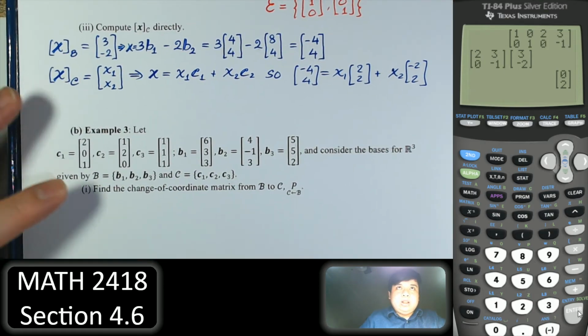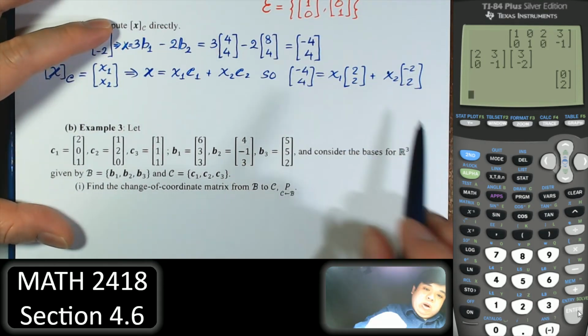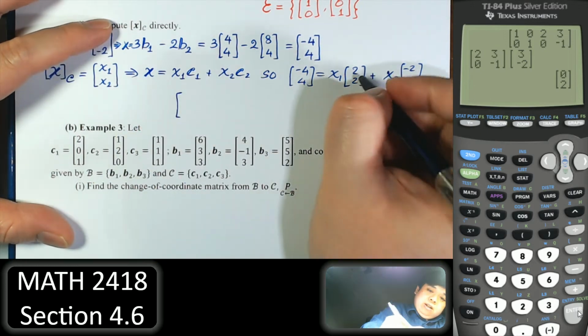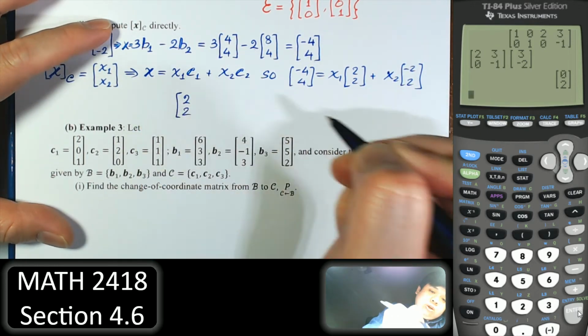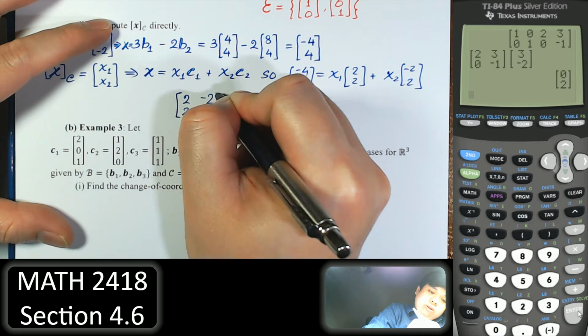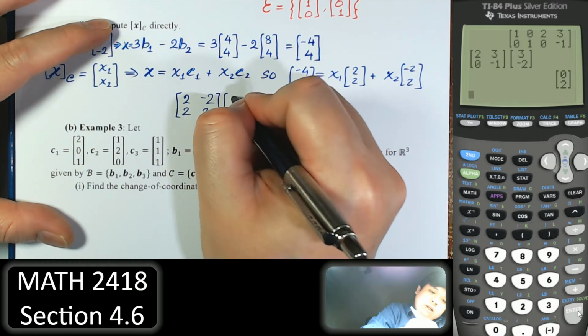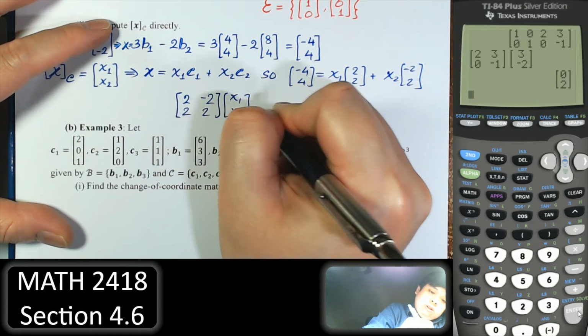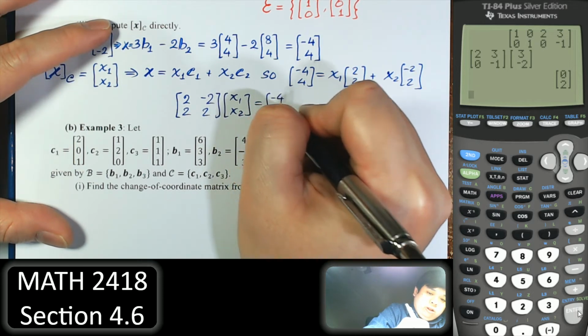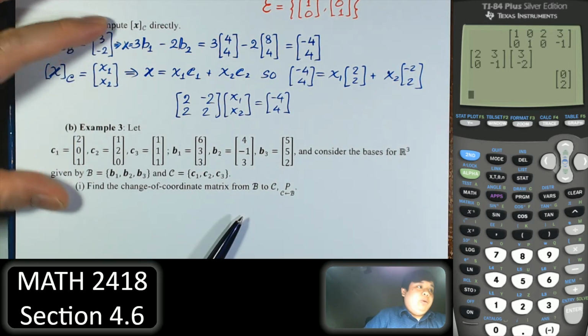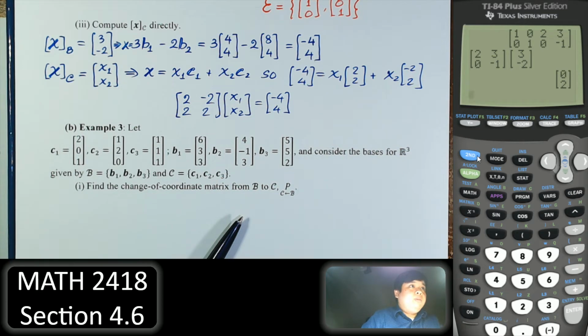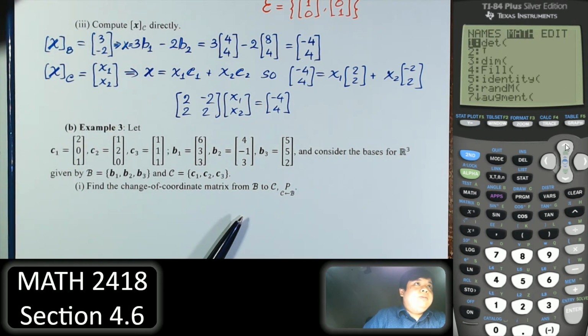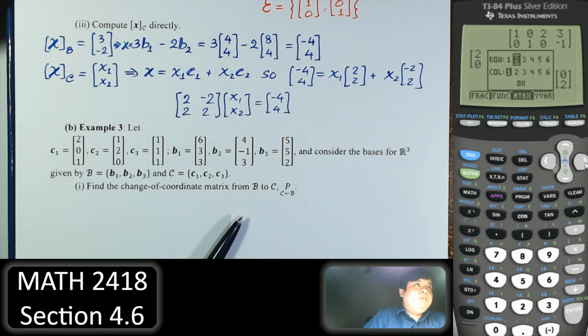Right, so this is simple enough. We have the system of equations here. Put in matrix form: 2, 2, negative 2 and 2, times x1, x2, equals negative 4 and 4. And reduce to echelon form.